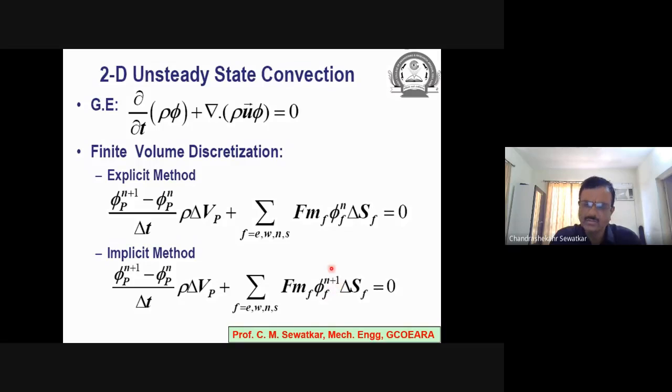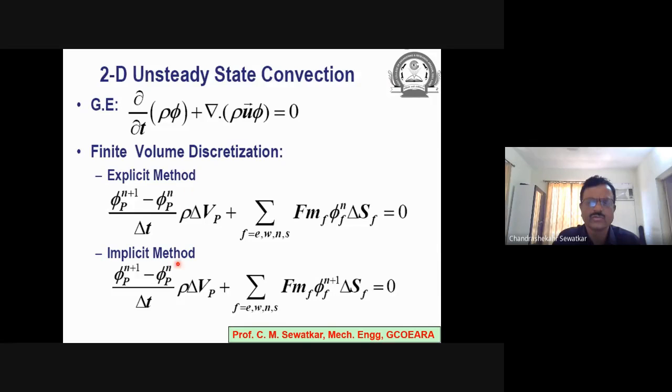But if I write down such an equation for all the cell centers, I will have as many equations as there are cell centers, and as many unknowns as there are cell centers. So the number of equations and number of unknowns will be equal, and those equations can then be solved simultaneously, and such a method is called implicit method.